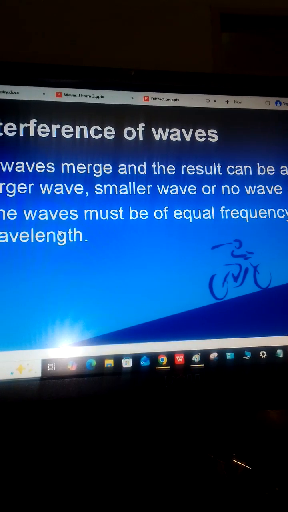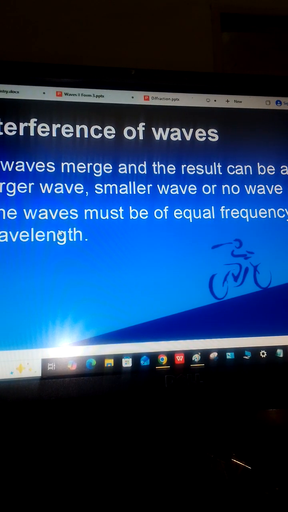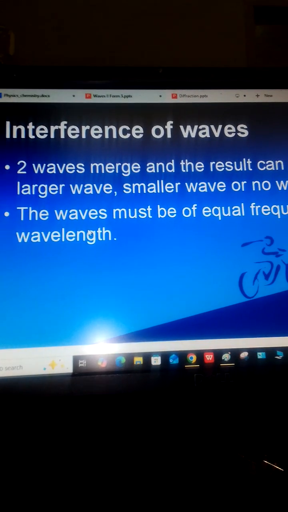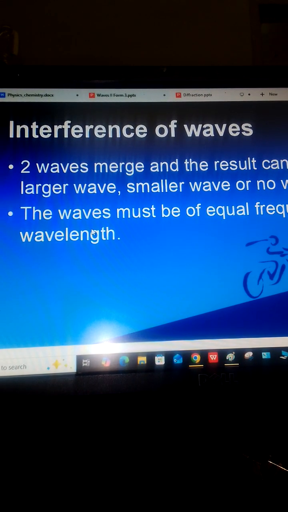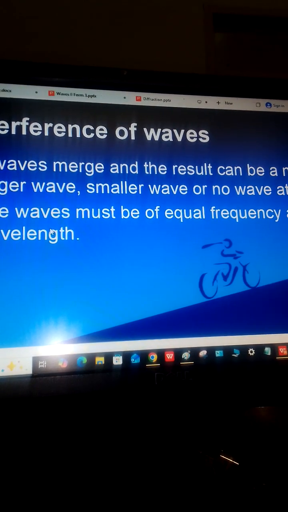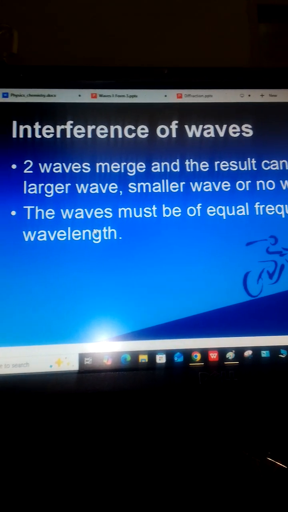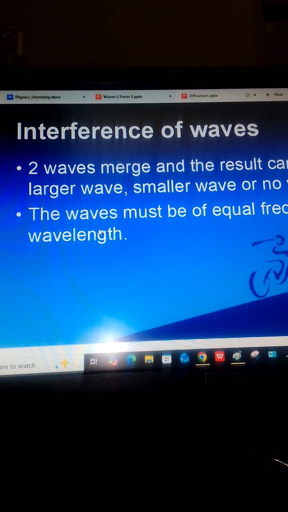So we can get the result, which is a much larger wave, a smaller wave, or no wave at all. This is the effect of interference of waves. And for interference to take place, the waves must be of equal frequency and wavelength. Right? So let's consider the following cases.